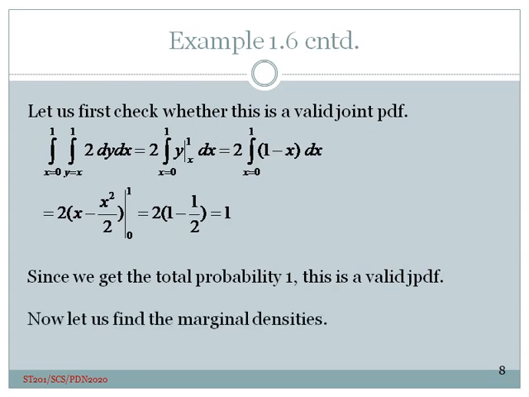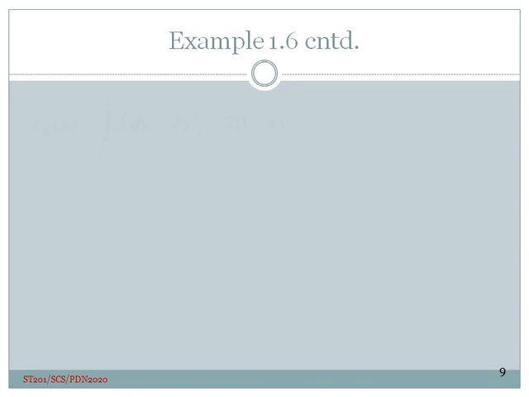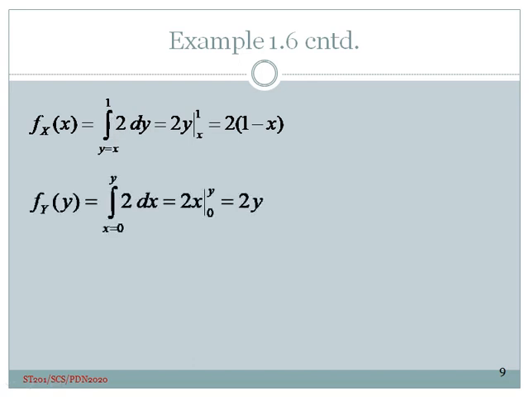Now let us find the marginal densities. The marginal distribution of x can be obtained by integrating the joint PDF with respect to y. Since the support of y is from x to 1, we integrate y equals x to 1. And we can get the answer 2 times x minus x.